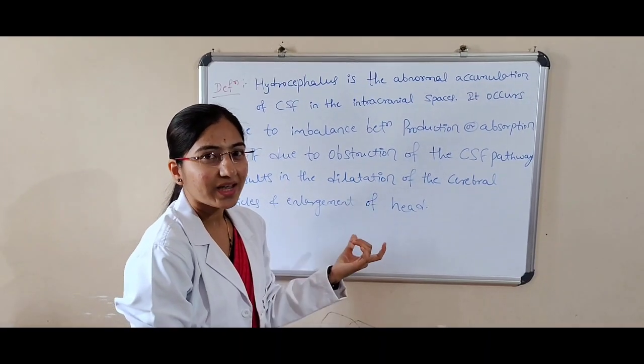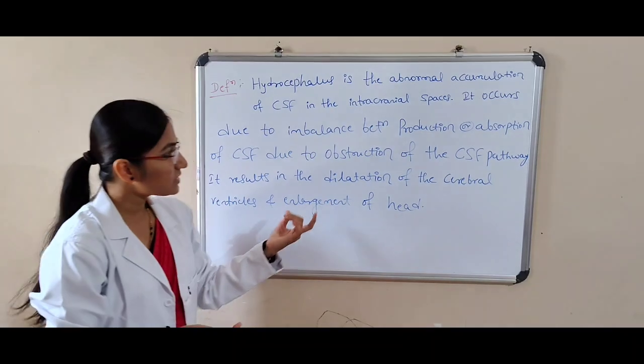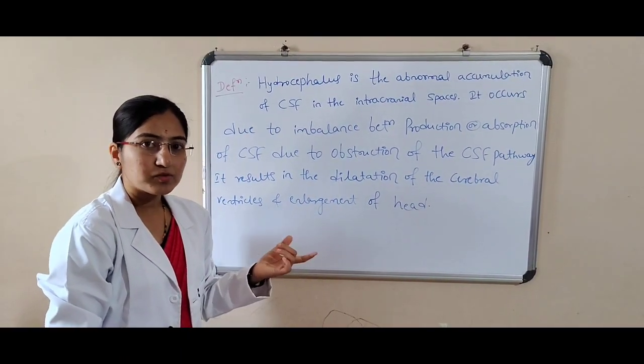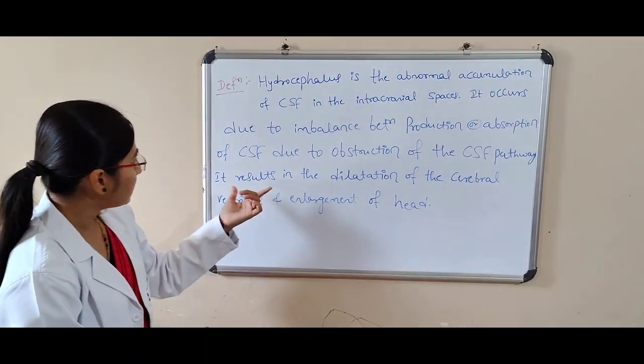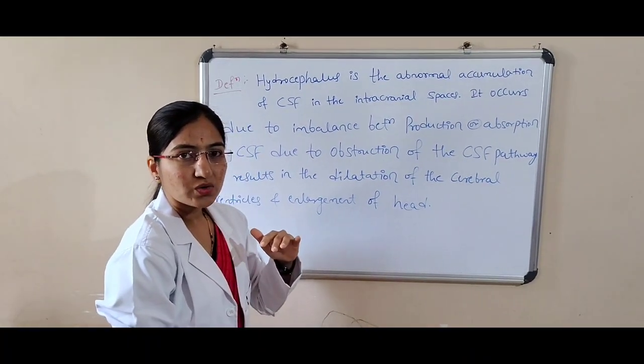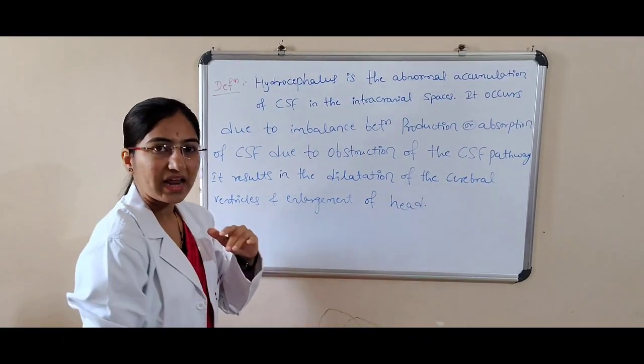This is the pathway, as I told earlier in the introduction. There may be obstruction in that pathway. Due to that, the flow is obstructed and it does not drain gradually.